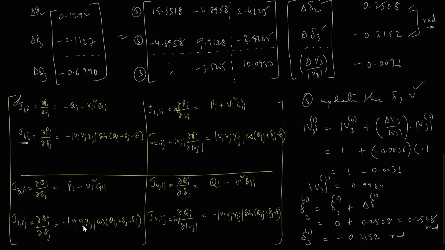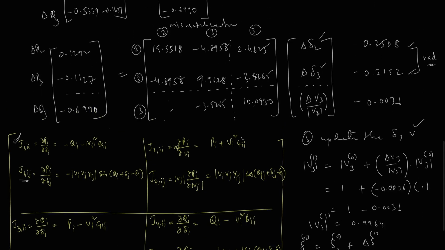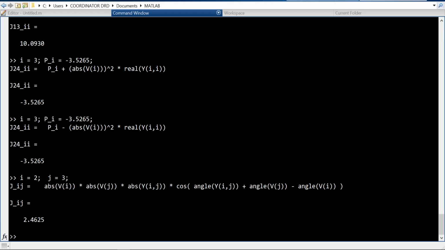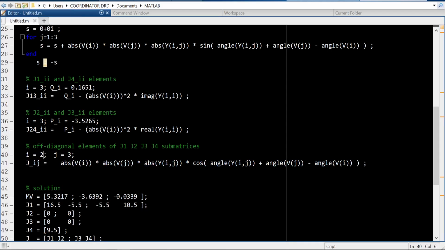And what about this one? I have to place minus here, that's it. And the value is i equals 3 and j equals 2, and I have to place a minus here. Same cos here.